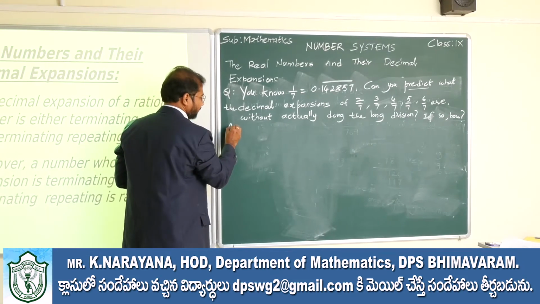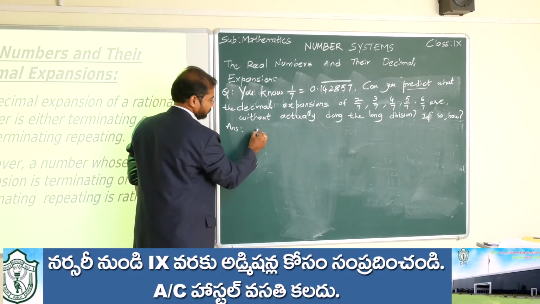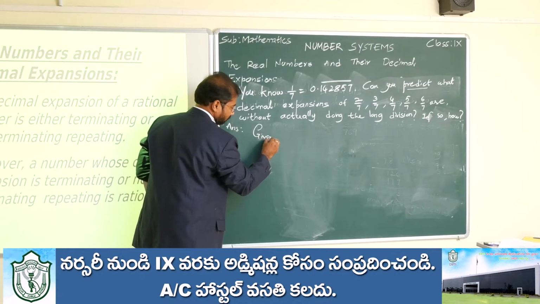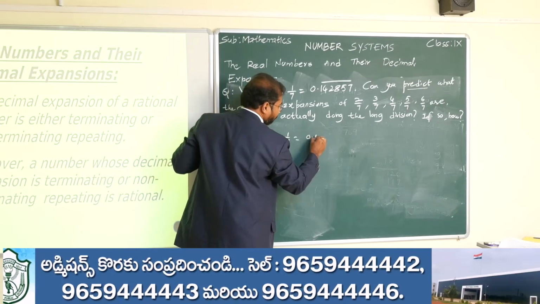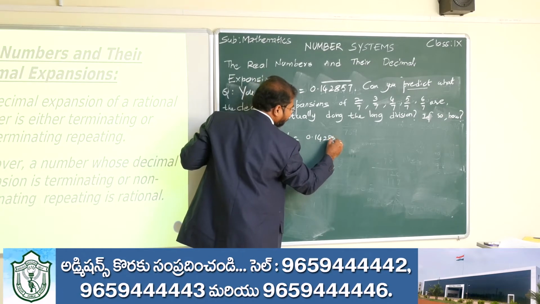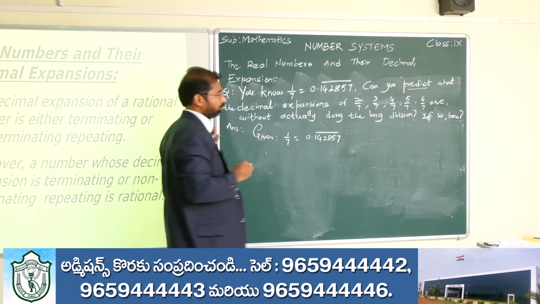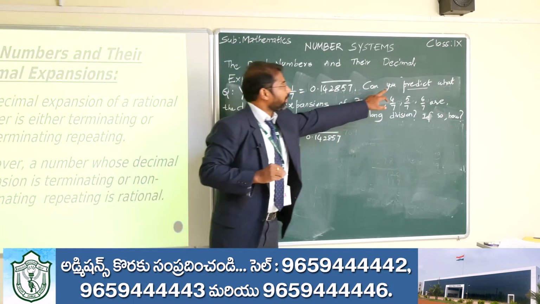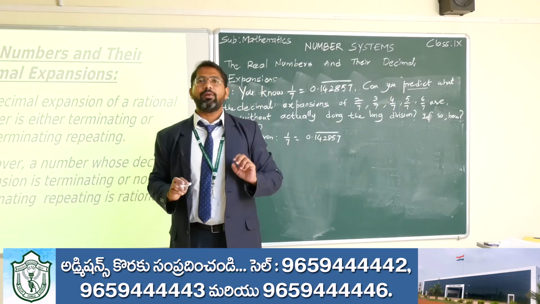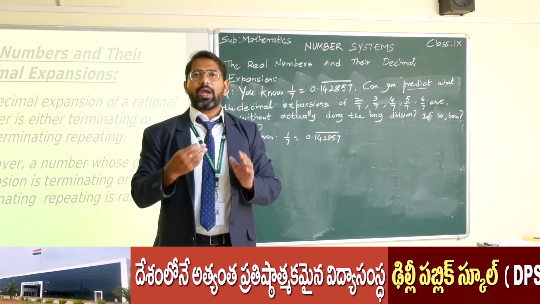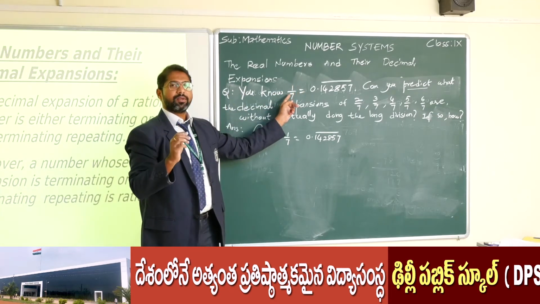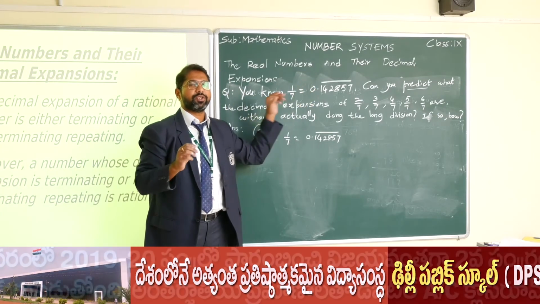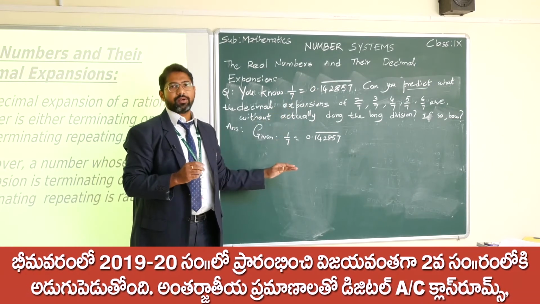Let us write that in the answer. Given 1 by 7 is equal to 0.142857 bar. Here predict means without doing any calculations. Like here for 1 by 7, to write this in decimal expansion you have to do the division, long division.